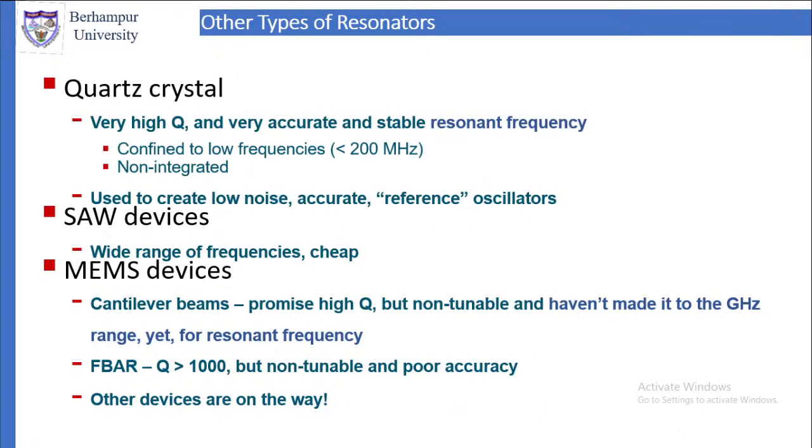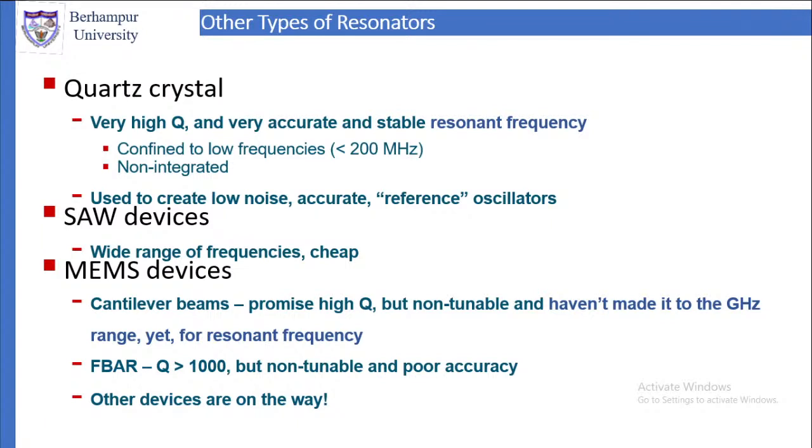Okay. And there are other types of resonators like quartz crystal, SAW device, and MEMS device. These you can see; you only need to remember the names. Quartz crystal has very high Q, very accurate and stable frequency, but the frequency is less than 200 megahertz. This is not integrated, so it is used to create a low noise, accurate reference. SAW devices have a wide range of frequencies.